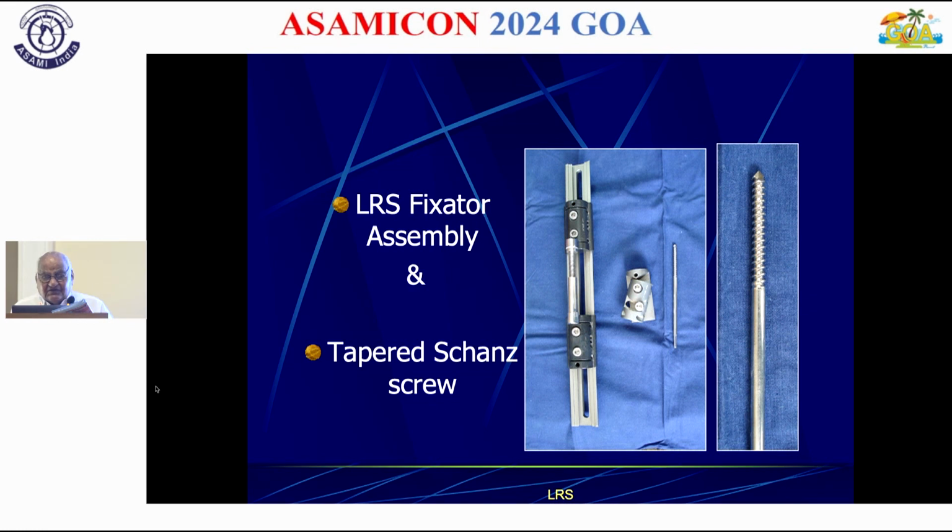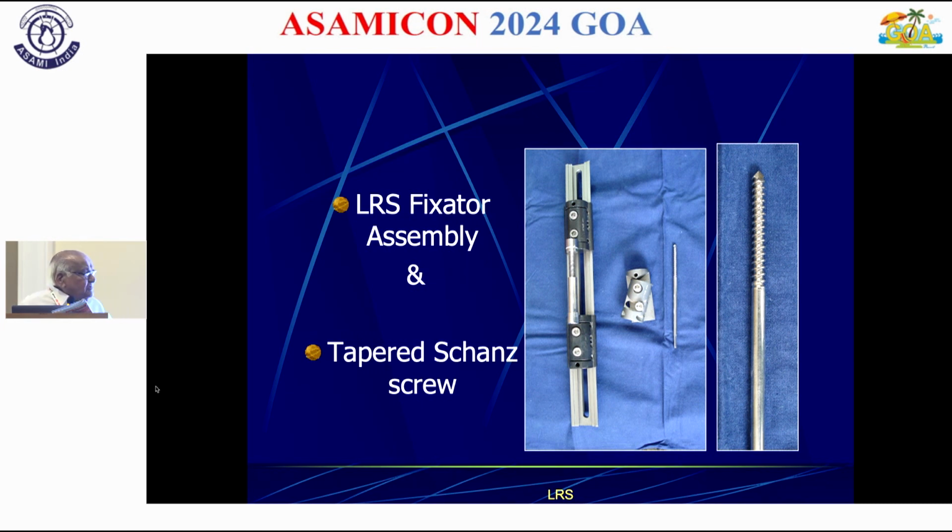This is the LRS. You can see here, this is the rail, and over this, these two compartments, or 3 or 4 compartments, can move on this rail track.